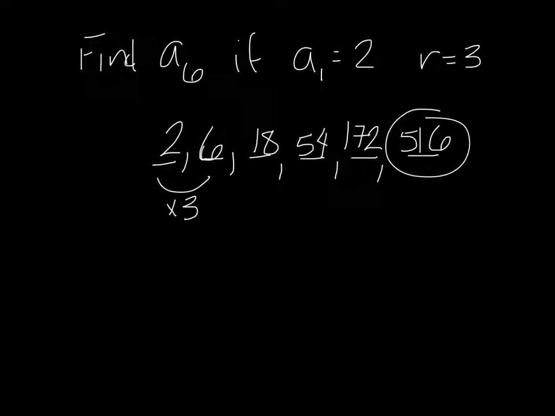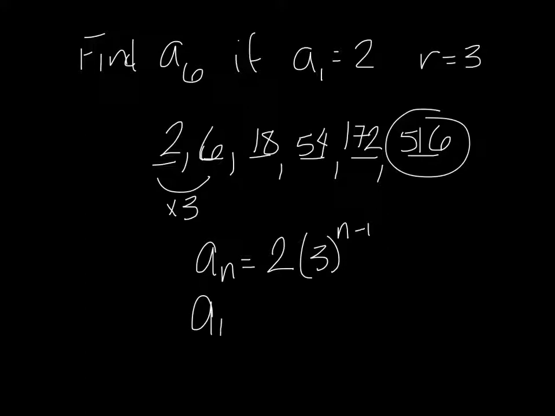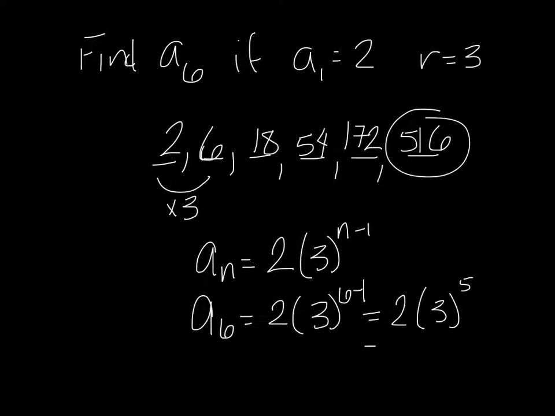My other route I could go is using this formula. A sub 1 is 2, r is 3, and then remember now, because it's not a sub 0, it's a sub 1, I'm going n minus 1. And then to find a sub 6, I go 2 times 3 to the 6 minus 1, which will be 2 times 3 to the 5th, which will be 2 times 3 to the 4th is 81, 81 times 3 is 243.